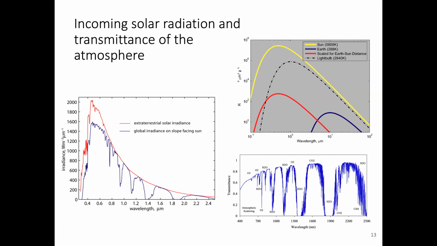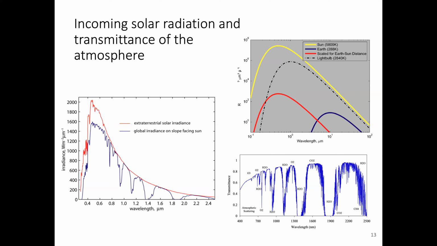The reflected energy from the sun is what's used for optical remote sensing in the visible and infrared wavelengths. The energy emitted from the Earth, again, the blue line in the upper right graph, is what's used for passive microwave remote sensing.